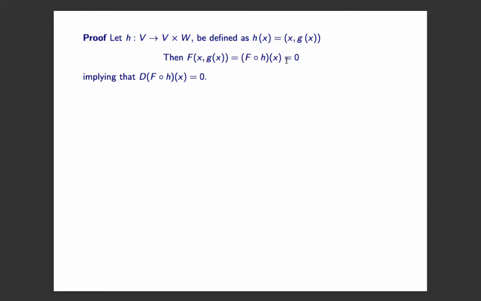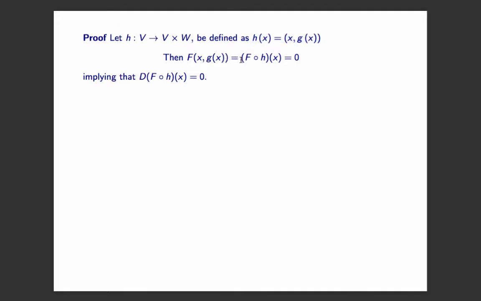Then f of x comma g of x, remember, g is implicitly defined by the equation f of x, y equals 0. So f of x comma g of x is 0 by assumption, and I'm saying that this argument of f is what I've defined h to be.